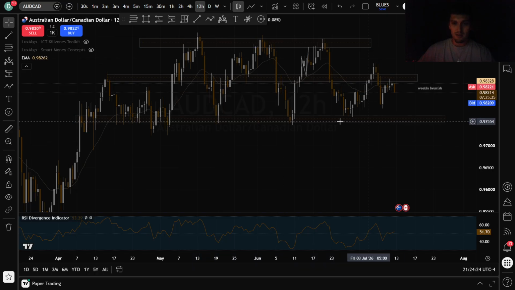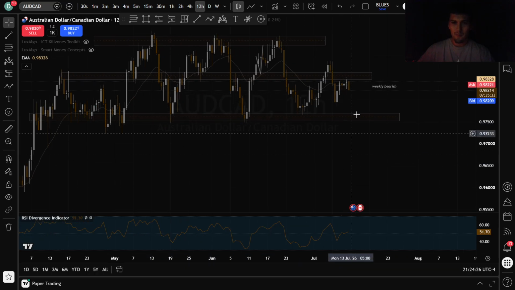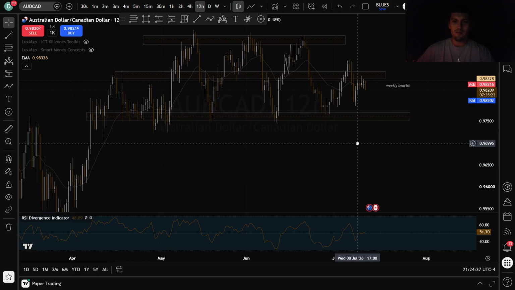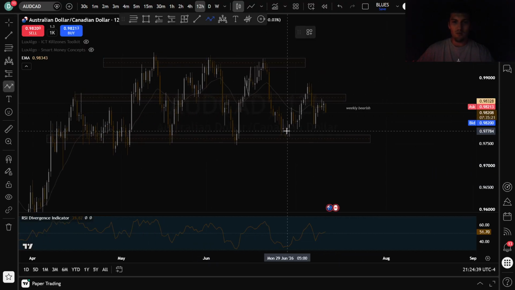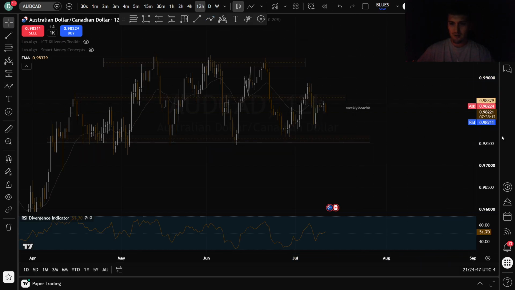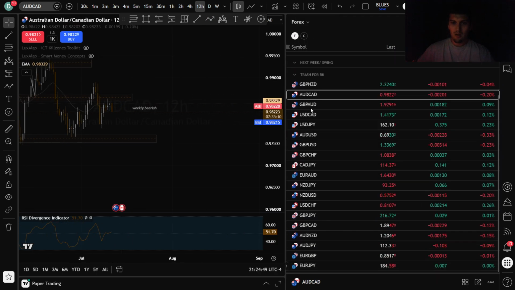And every time we get to this zone, we go higher. So I'm anticipating, since we have already went there, well, we came down, we went up, and now we're coming down. This is something that I don't want to trade because we want to trade with the trend. We want to go up, down, higher high, higher low, higher high, higher low. So this right here is going to go to the bottom of our list.